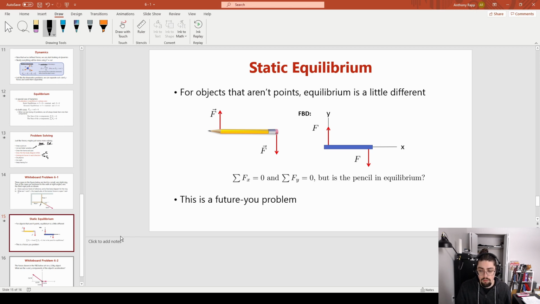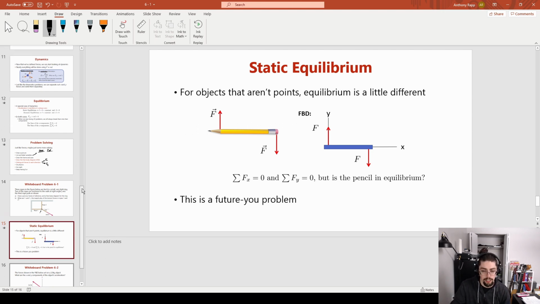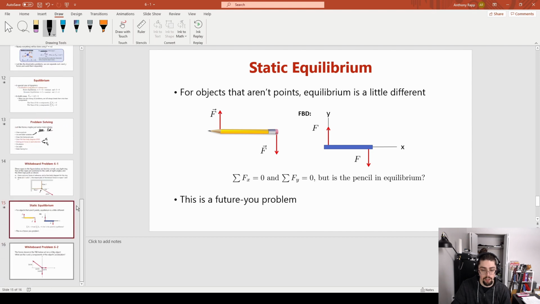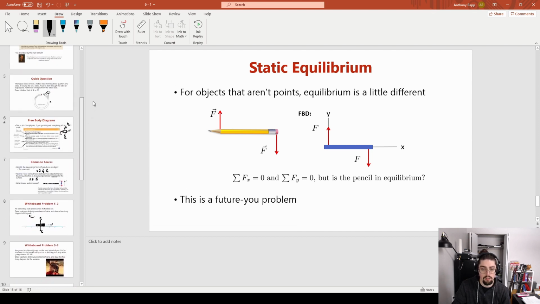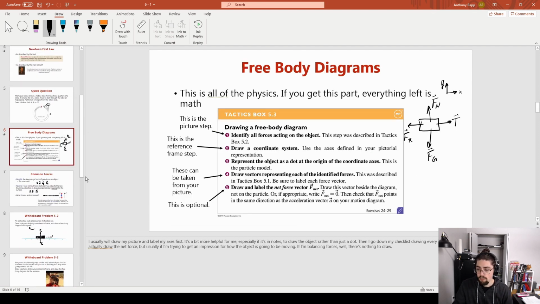So, speaking of these things, all of these things that we've been assuming so far is that when we're working with free body diagrams, they even say it in the description here, and I don't necessarily agree with it, but where did that slide go? There it is. Represent the object as a dot. I don't like that.